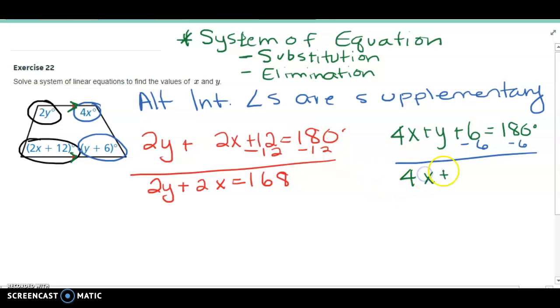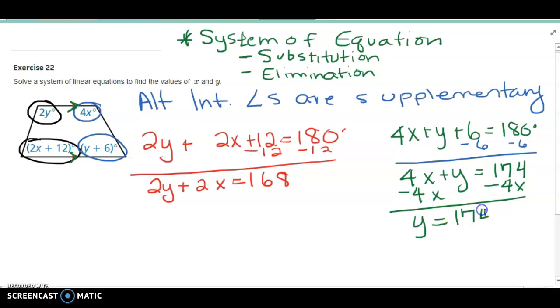So I have 4x plus y equals 174. Now when I look at these two, I see that this y right here doesn't have a coefficient, so I'm going to rewrite this equation in terms of y. Minus 4x on both sides, so I get y equals 174 minus 4x.